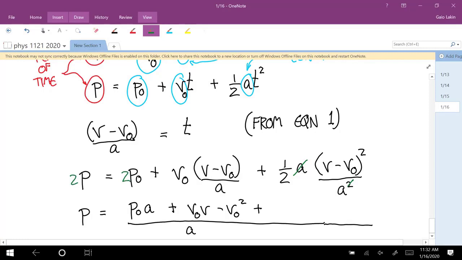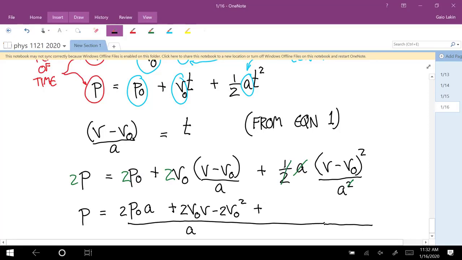So there's a 2, there's a 2, there's a 2, just to get this half to go away. So we have a 2 here, a 2 here, a 2 here.